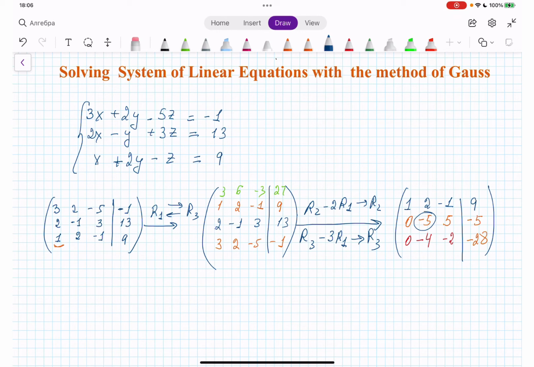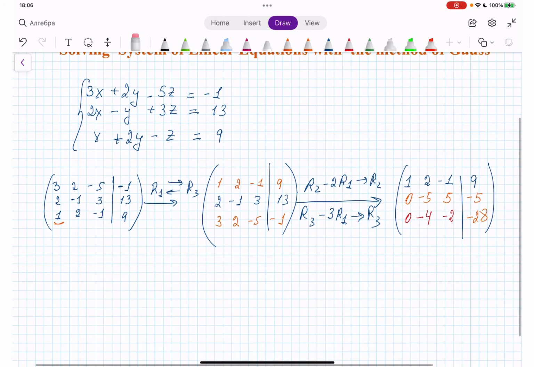So we are not touching line 1 anymore. When we were making zeros under the leading coefficient 1, all manipulation was with line 1. Now my leading coefficient is in line 2, so I'm going to do all manipulation with line 2. Let me clean the matrix to keep it clean.